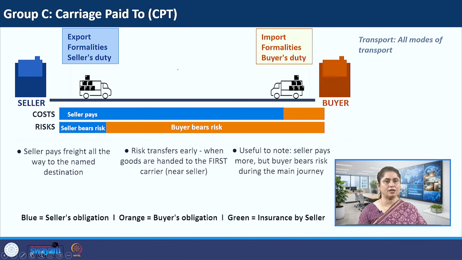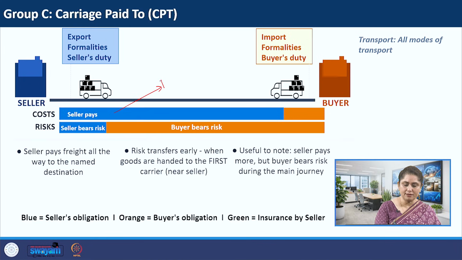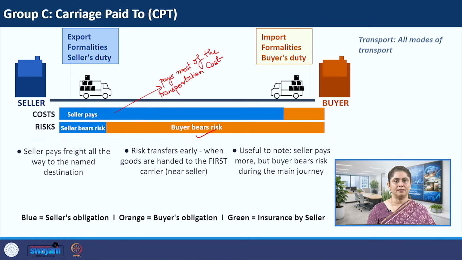Now let us look at group C, which is carriage paid to. Carriage paid to here means the seller, as we can see from the blue rectangle, pays most of the transportation cost, while the insurance is still borne by the buyer.